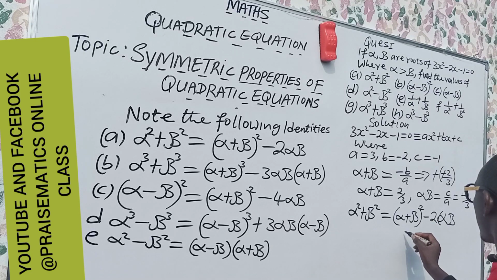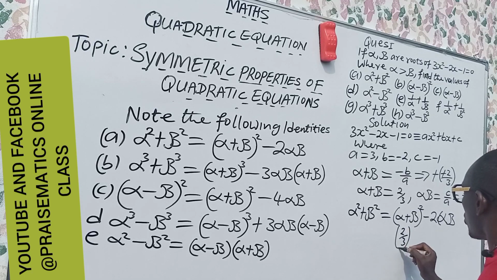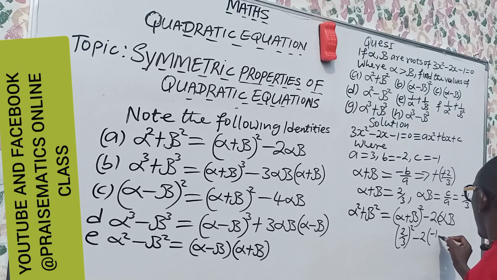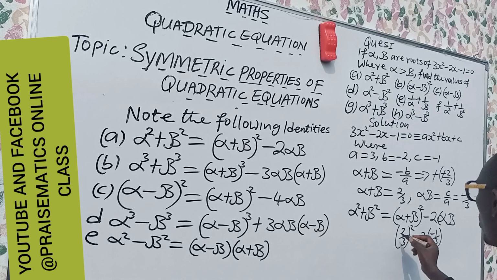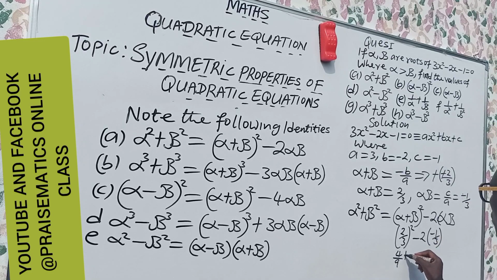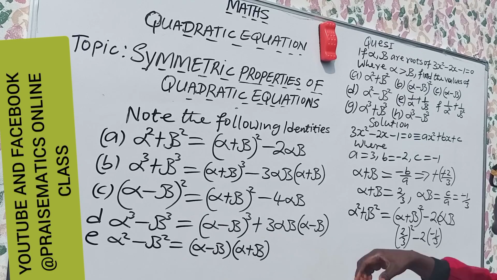We have this one, which is now 2 over 3 all square minus 2 times minus 1 over 3. Finally, we are going to have 2 times 2, 4 over 9, minus 2 times minus 1 gives us plus 2 over 3.